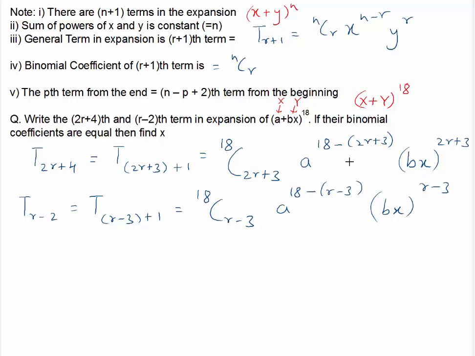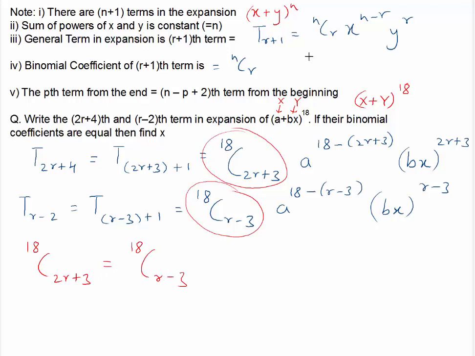Additionally, it's given that their binomial coefficients are equal. So these are the binomial coefficients. If you recall, we have seen this formula that if nCx equals nCy, then we have two possibilities: either x equals y or x plus y equals n.